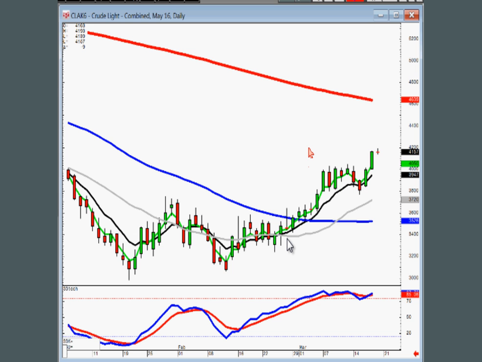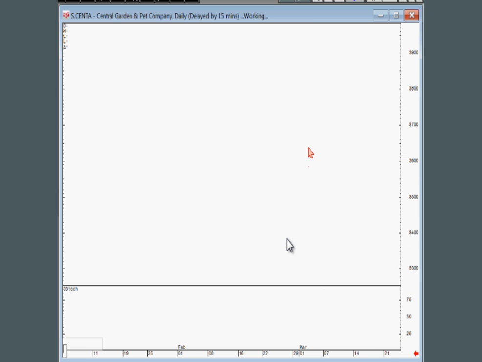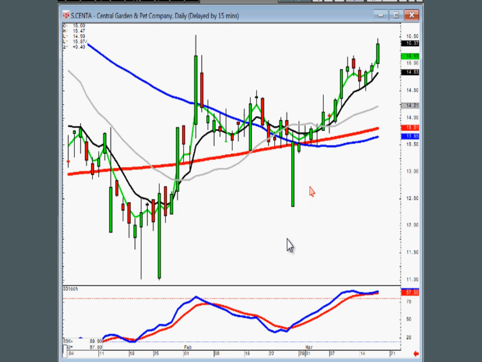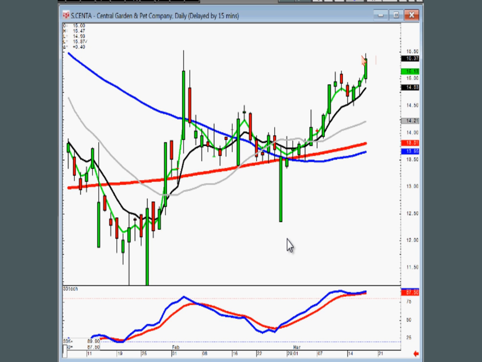Let's see. Senta, after the piercing signal, bottoming action, J-hook pattern, you could be buying this one.